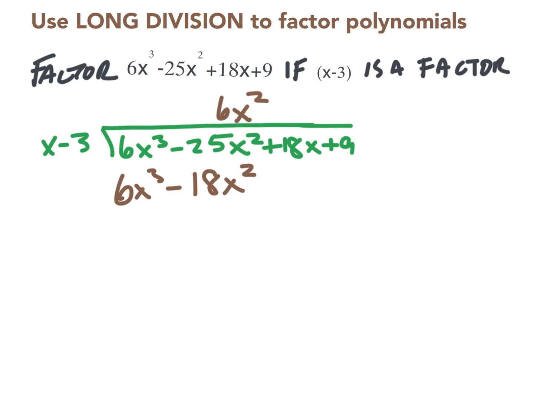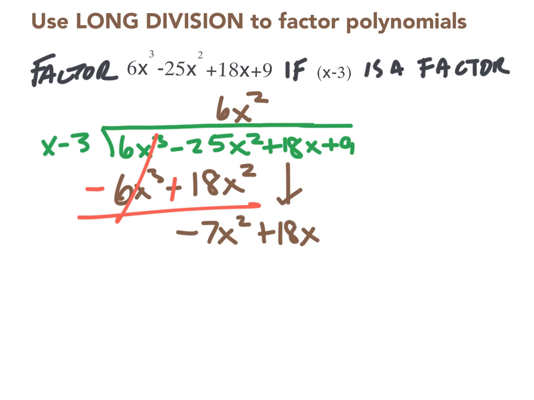And then remember that we have to subtract these. And whenever we subtract, I prefer just to change the signs and add. So now I'll get negative 7x squared. And you're always going to want to eliminate that term. And so again, just like old long division, we're going to pull down the next term, so plus 18x.